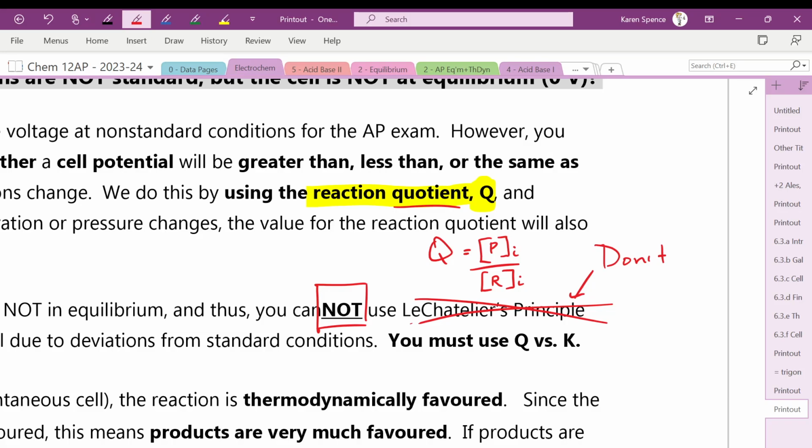Okay, because we aren't at equilibrium, we can't actually use Le Chatelier's principle. It's just wrong. I mean, it actually is wrong, but if you think about it that way, it actually works to make your predictions. So if you're doing a multiple choice section and you just want to predict how it goes, you can absolutely use Le Chatelier to make the prediction. If you're doing a written response, no. Okay? Don't use it in written questions.